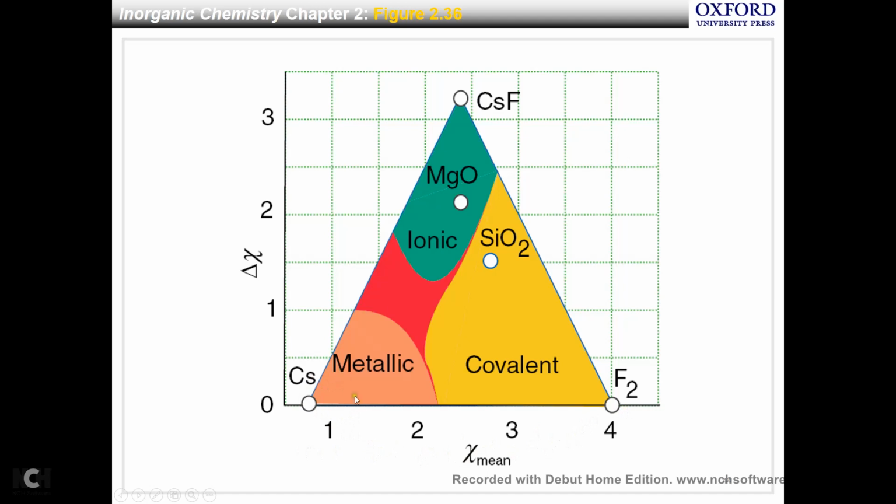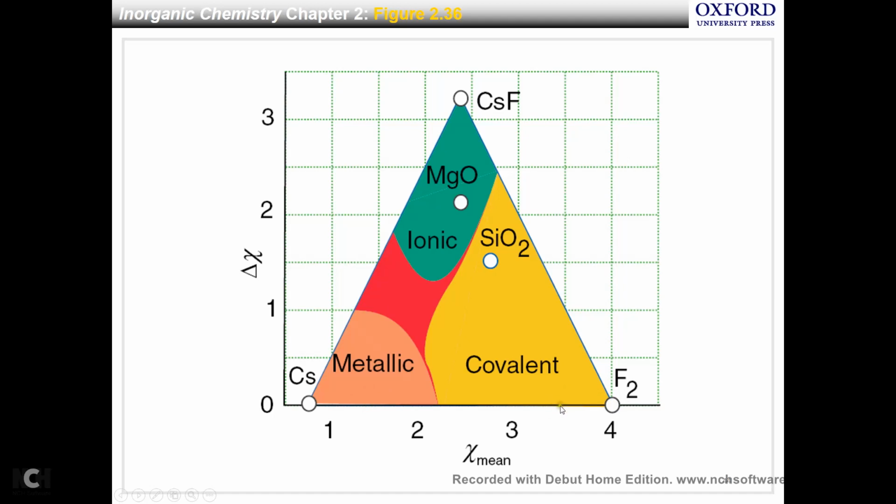Let's say you have cesium bonded to cesium, then it's a metallic bond. And then maybe sodium is somewhere here. Between sodium and sodium, you have a metallic bond. Now between fluorine and fluorine, you have a covalent bond.